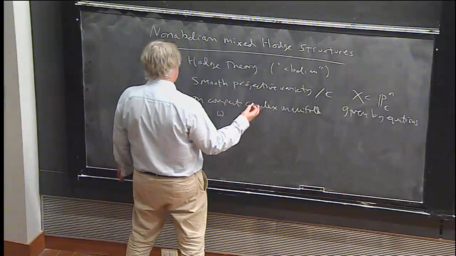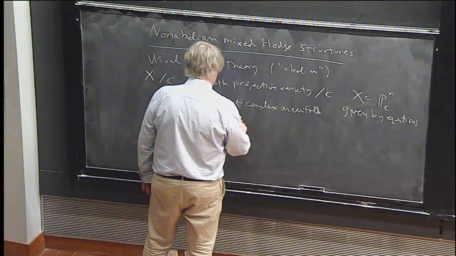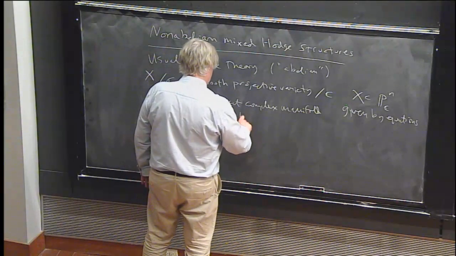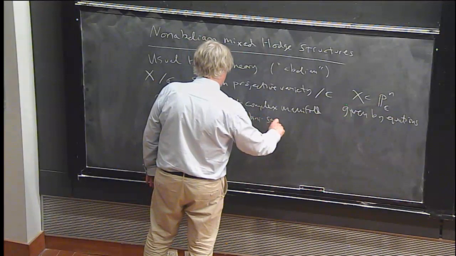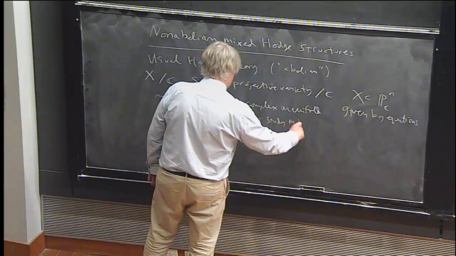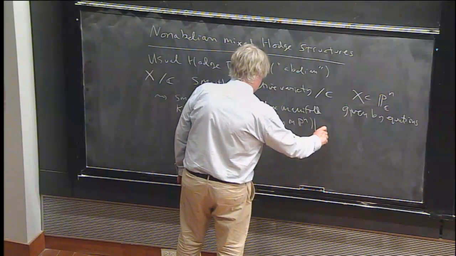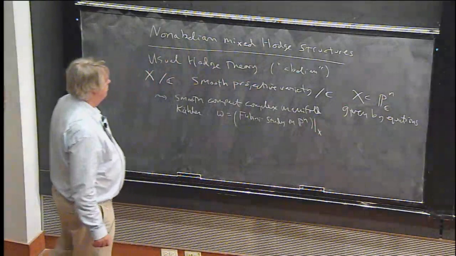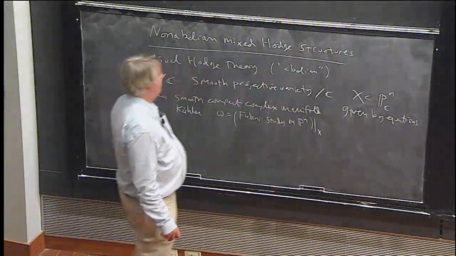There are lots of different possible choices of Kähler form, but one choice would be the restriction of the Fubini-Study form. So you can read all about this in Griffiths and Harris with equations and everything.